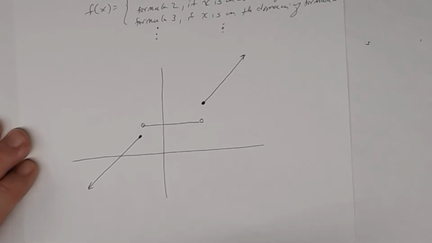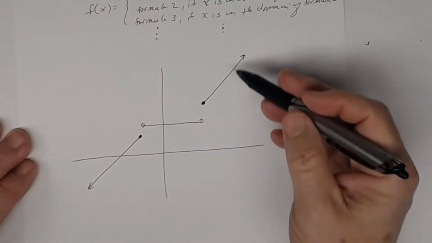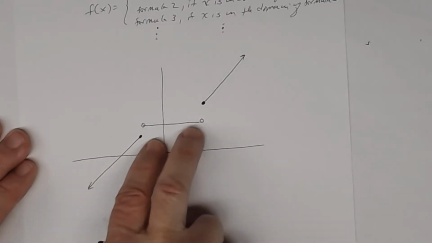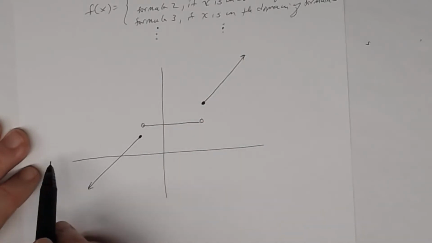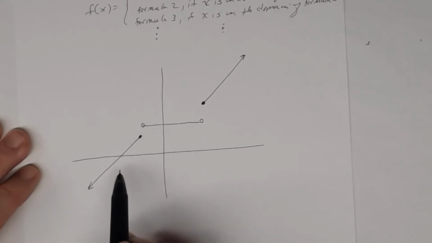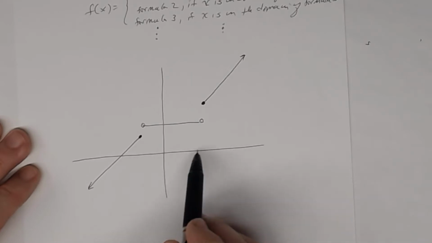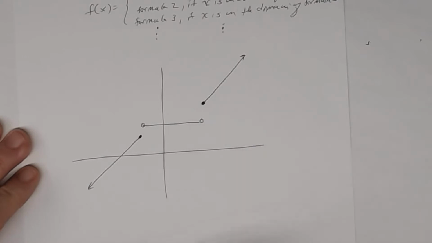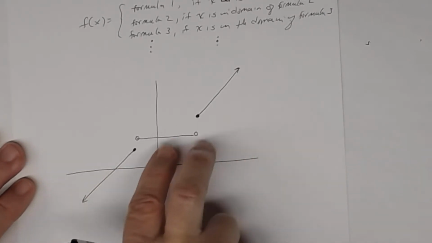We know it's a function because it passes the vertical line test: for each x coordinate, there's only one y coordinate, but it's broken into pieces based on the domain. From negative infinity to this x value, I have this piece, and then from this x coordinate to this x coordinate, I have this piece, and then from this x coordinate to infinity, I have this piece. So when you graph these, it'll be into parts, into pieces.